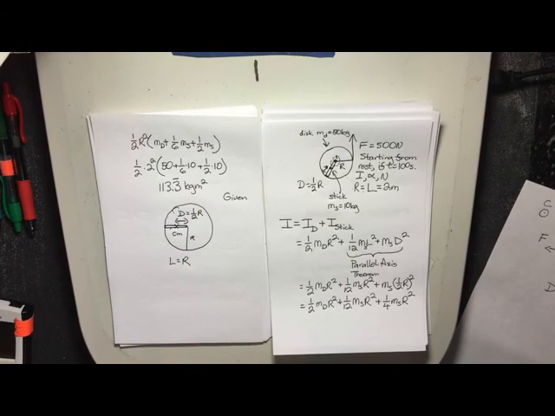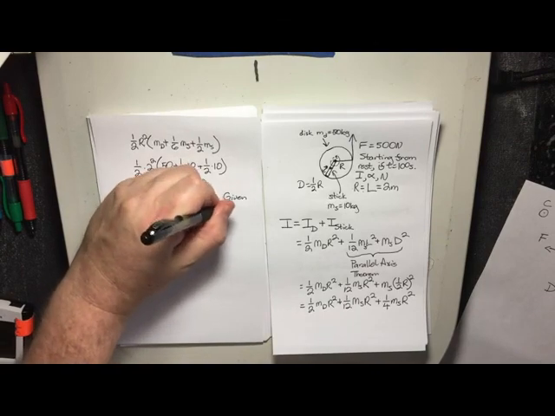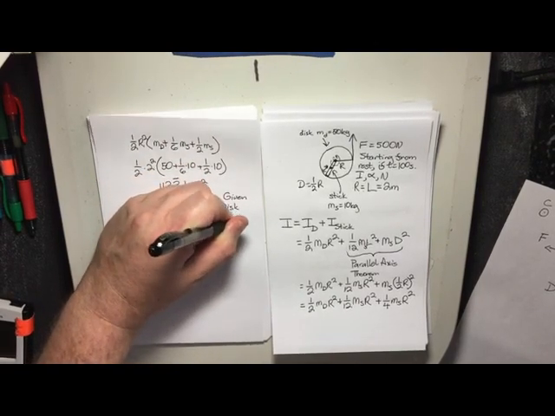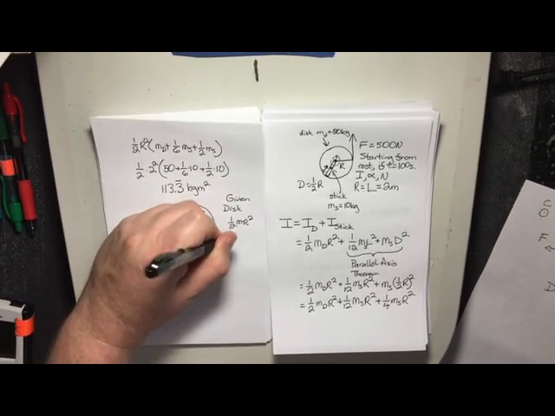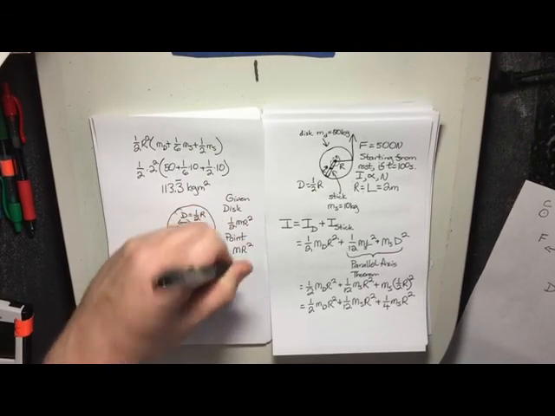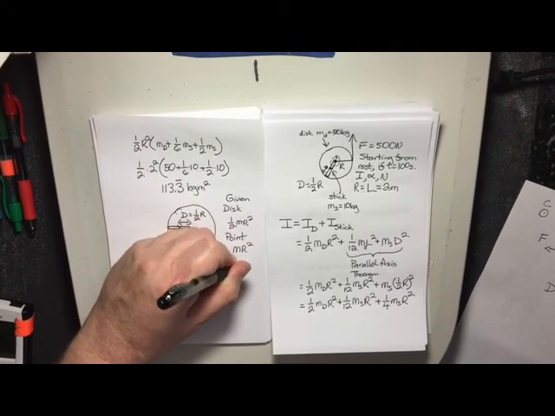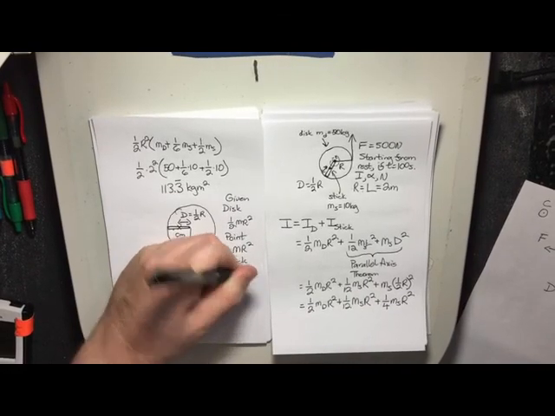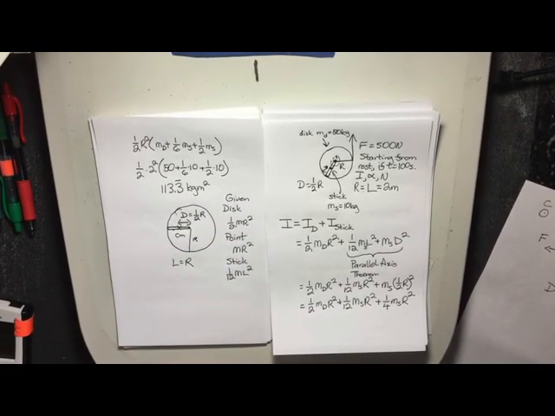We're not going to deal with big league 3-dimensional objects. But what I will do is disk, 1/2 MR squared, point, MR squared, and stick, 1/12 ML squared.